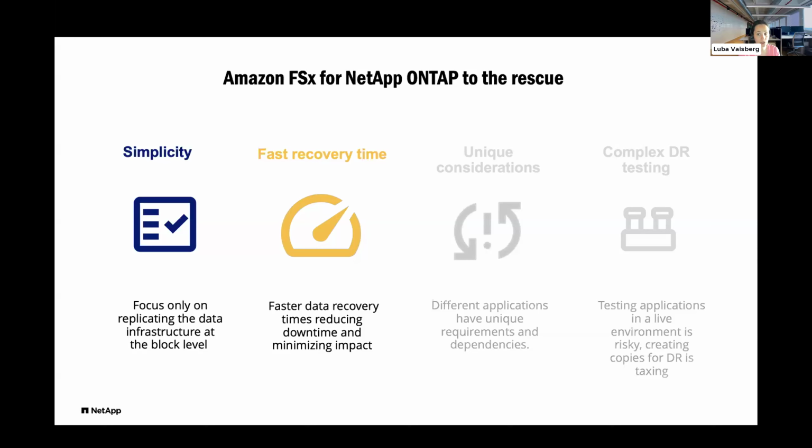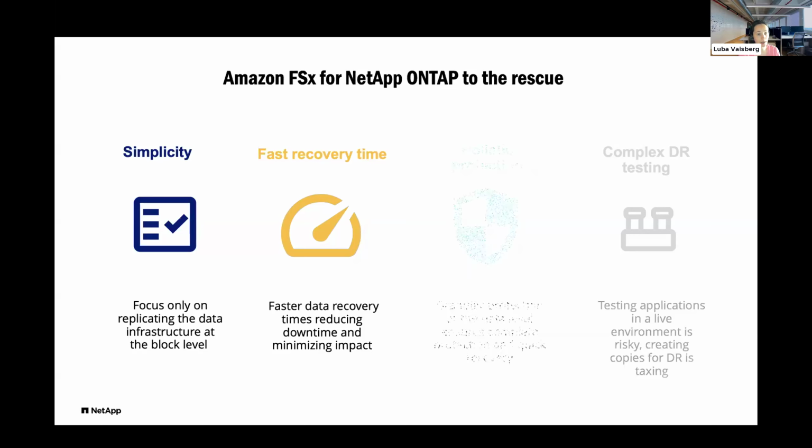Essentially, the way FSx for ONTAP works is by replicating the data on the block level, and only the changes are being transferred during the recovery time, making it an efficient solution and, just as important, a very quick way to recover in case of an issue.